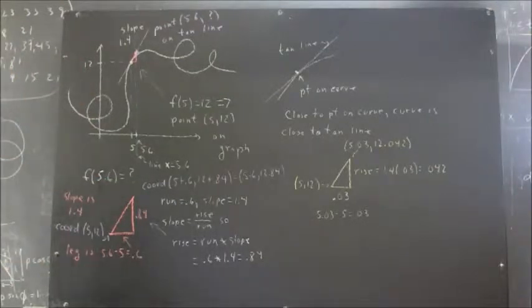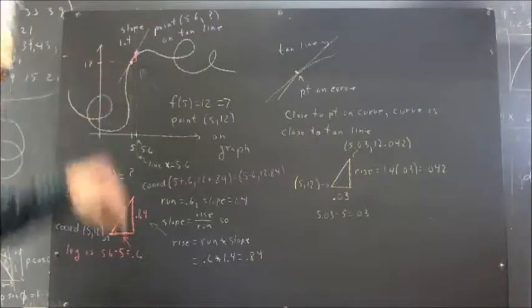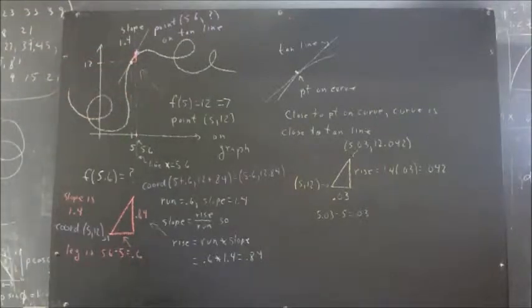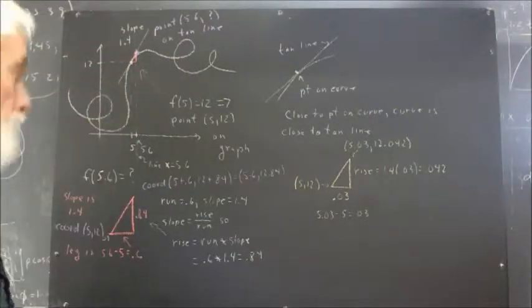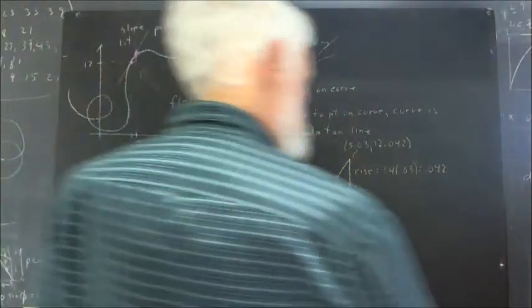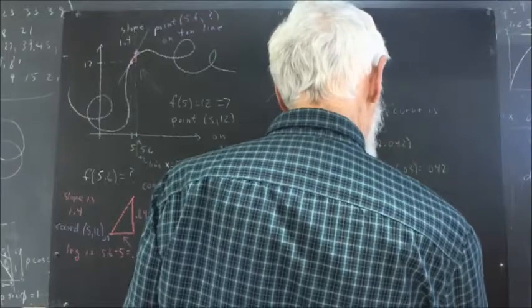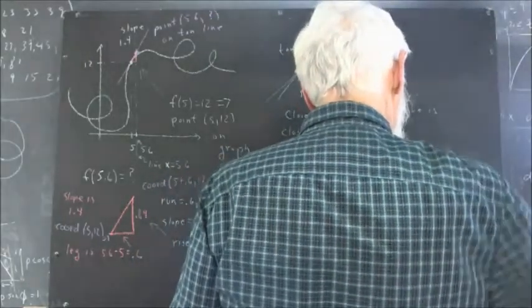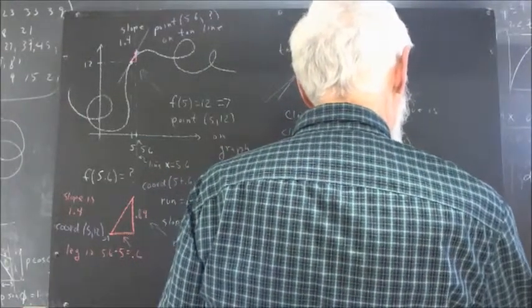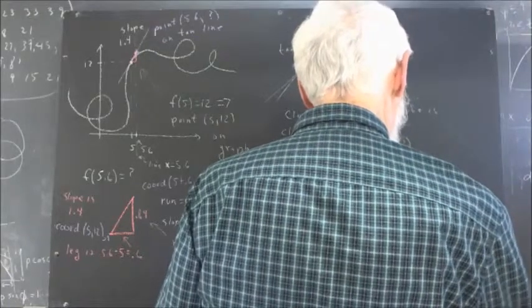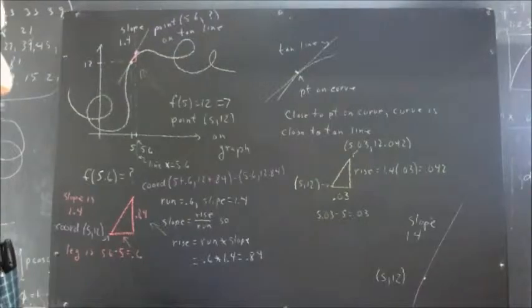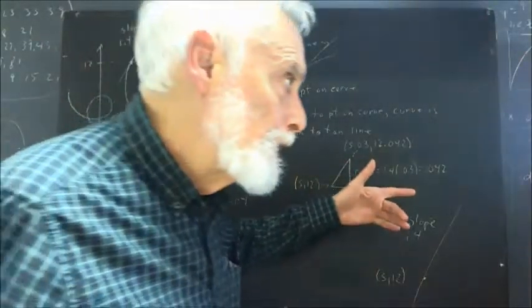All right, so now at this point we have just this picture. If we enlarge that picture, I'll kind of draw it over here. We have the point 5, 12, and we have slope 1.4. This incidentally gives us a tangent line, and it has an equation.